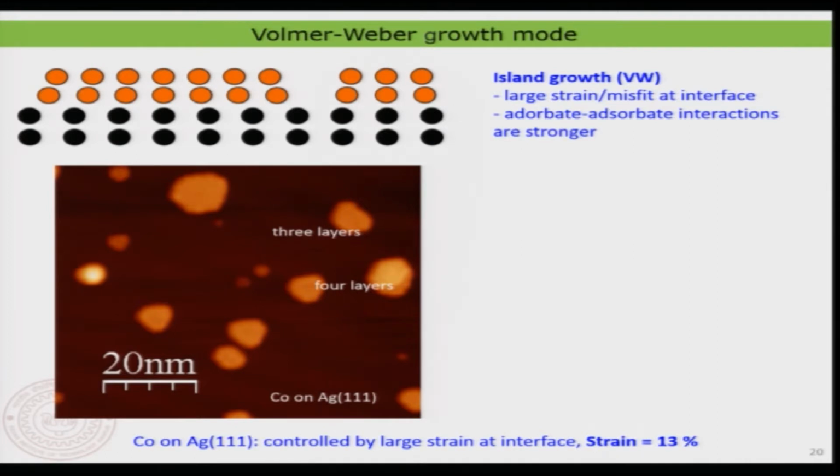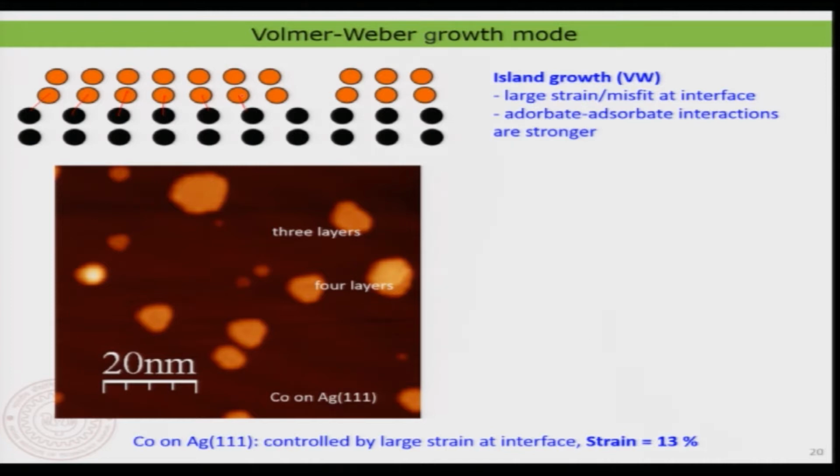Now, let us look at the other type of growth, which is the Volmer-Weber growth, and in that case you already know that we have island formation. What is actually the key behind island formation? That is something very important that we need to consider here. At the interface, the so-called surface adlayer interface, you clearly see that they are not coming in very good registry with the surface.